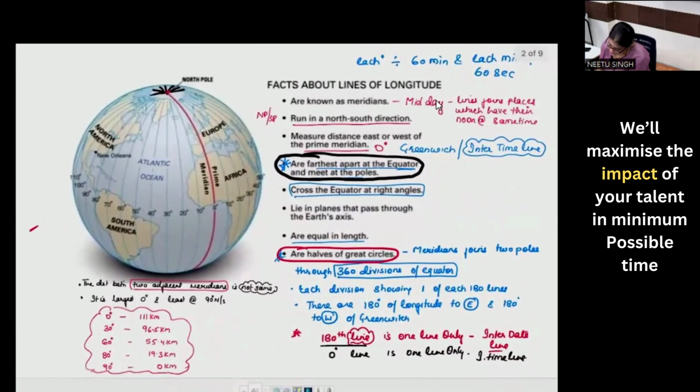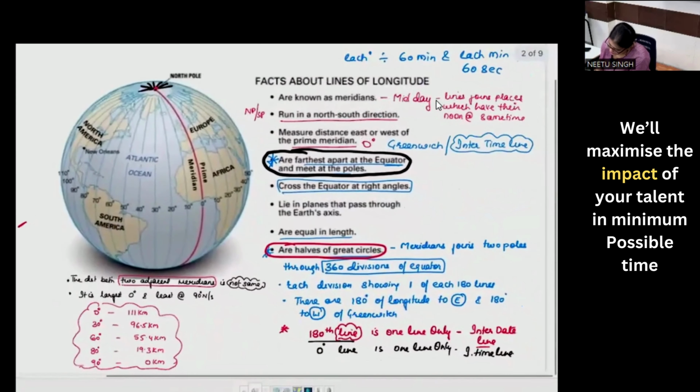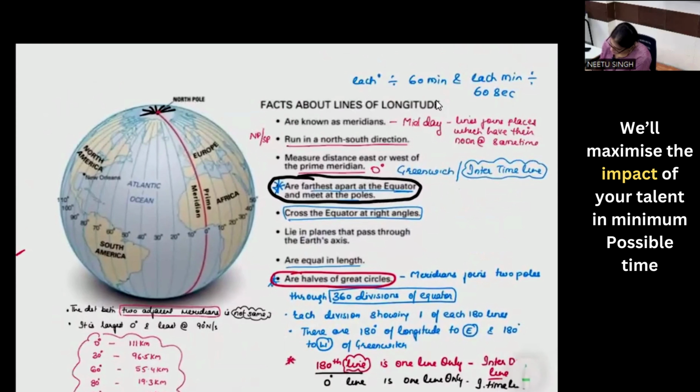काफी सारे डिटेल्स हैं इसमें, पहले तो आप इधर से ही देख लो। लॉन्जिट्यूड, द मरीडियंस। When I talk about meridians, I very clearly take them as midday lines joining the place which have their noon at same time. सबसे important point, एकदम थ्रो अवे मार्क्स क्वेश्चन आता है जो हमारे हाथ से निकल जाता है प्रीलिम्स में, that you have to take up the reference very clearly of midday.